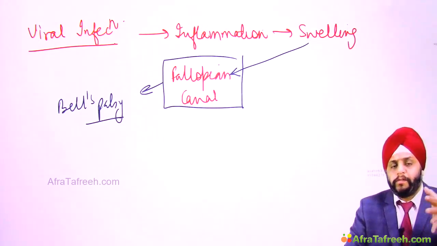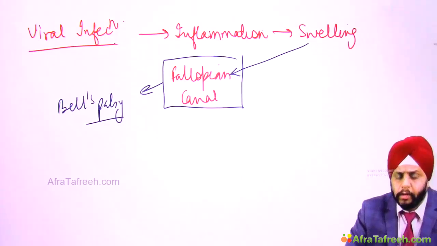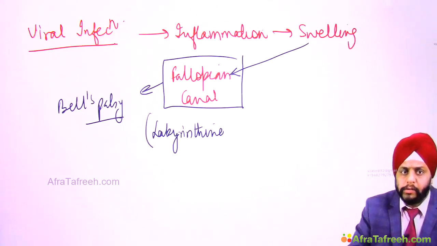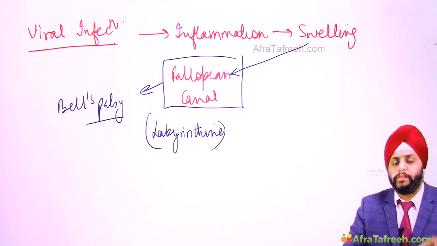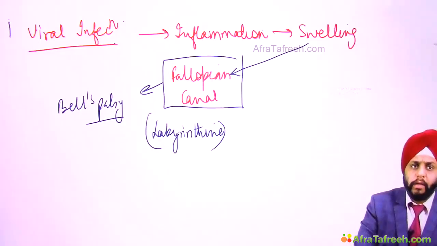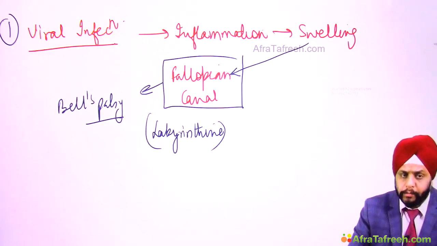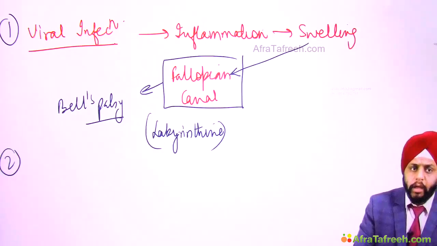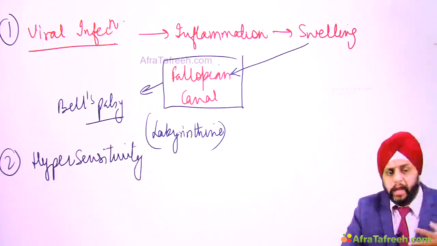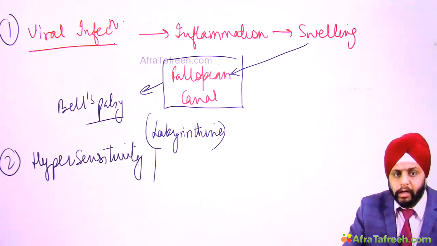Now which part of the facial nerve will be compressed? That is the labyrinthine segment. Why? Because it is the narrowest segment. So this part undergoes compression. Okay, that is number one, the viral infection. Number two is the hypersensitivity theory or the allergic theory.